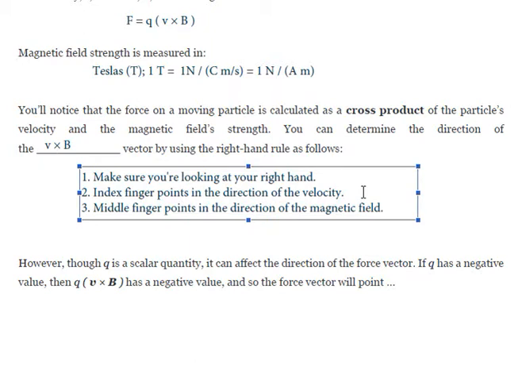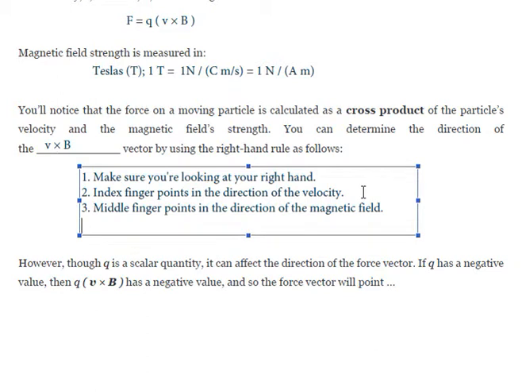So middle finger points in the direction of the magnetic field. And then last step, if you take your thumb and point it perpendicular to the other two, kind of like you're giving someone a thumbs up, that will point in the direction of the force. Thumb points in the direction of the force.